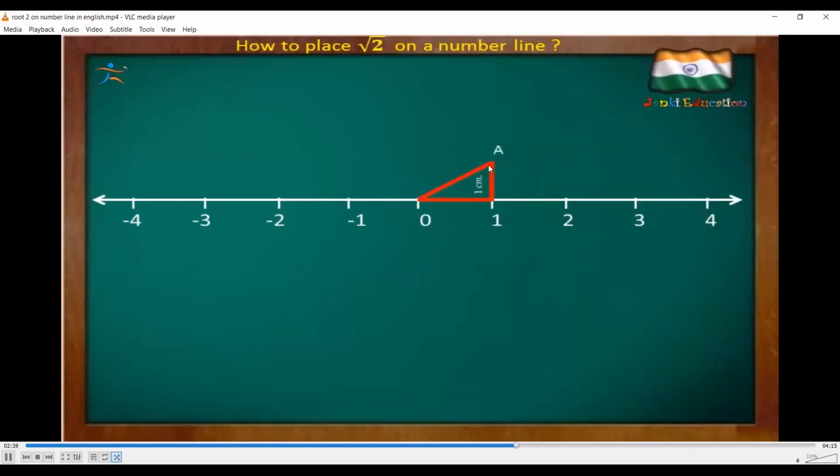Then join with this 0. This is 1 centimeter. This is 1 centimeter. Now, what is this length? This length will be root 2.